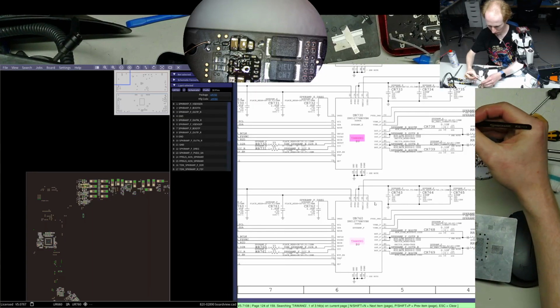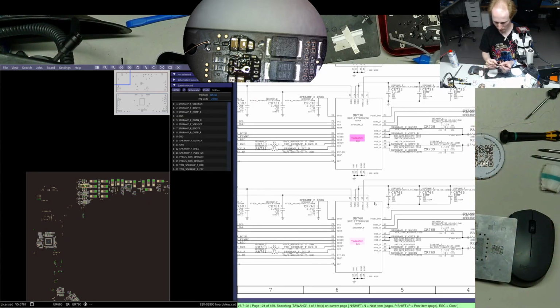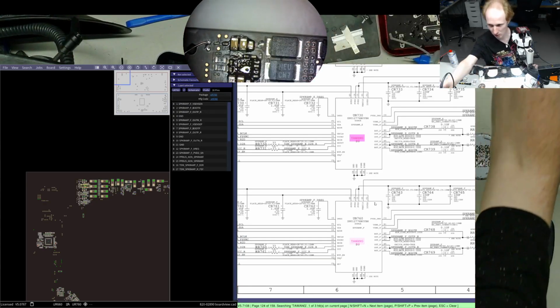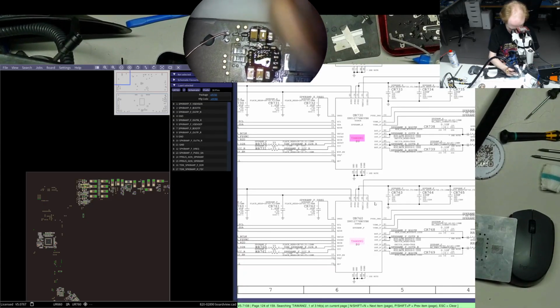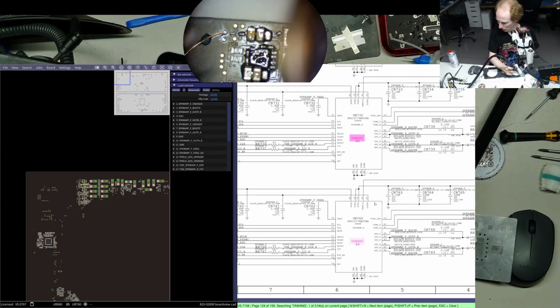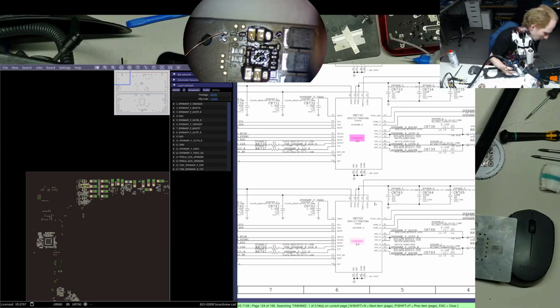Okay, now let's remove solder, put the chip back there. Also, I'm not sure I have caps on my donor board. No, I don't.